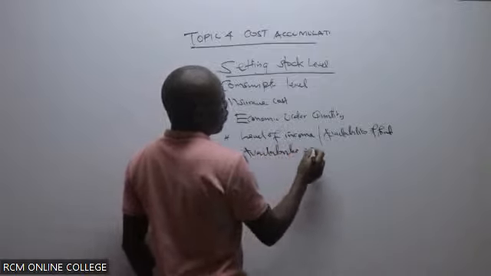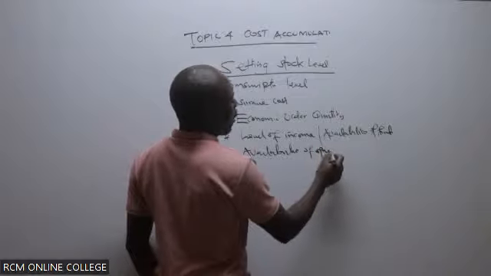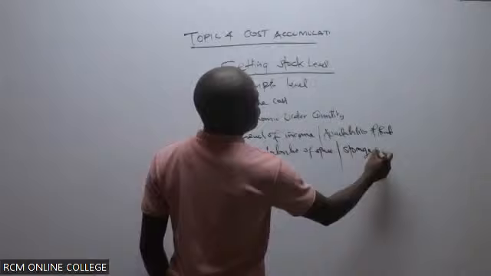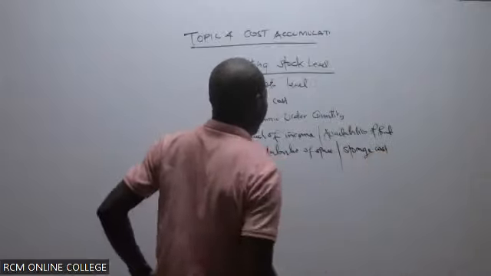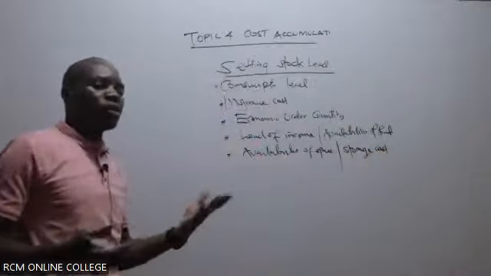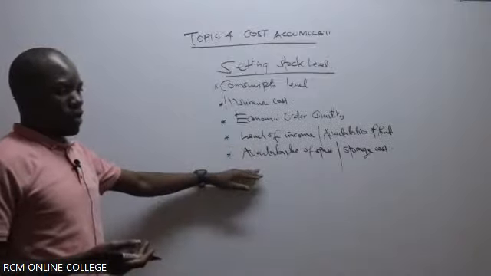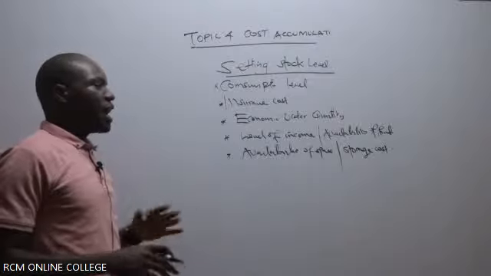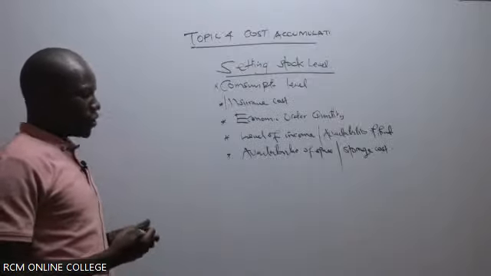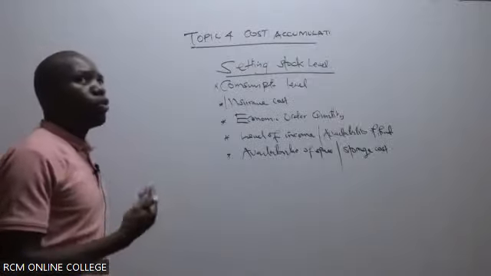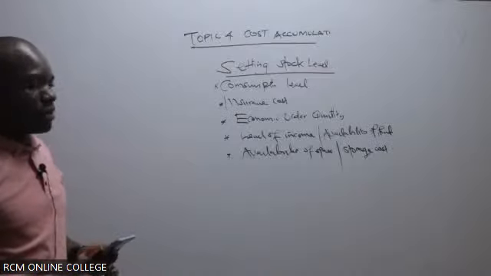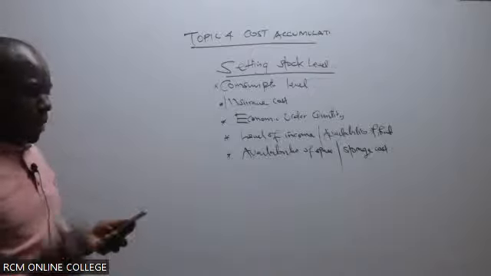Availability of space, which we now call here storage cost. How much do you incur to hire a warehouse to put your goods? If the hiring cost is too high, then automatically I will not bring in more goods. I'll have to consider my capability in terms of paying for the space.